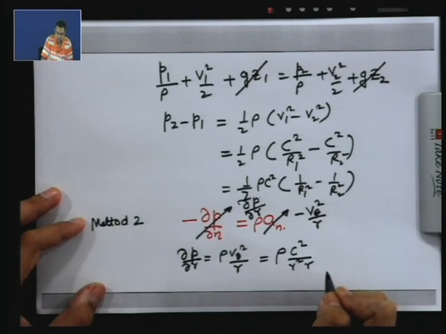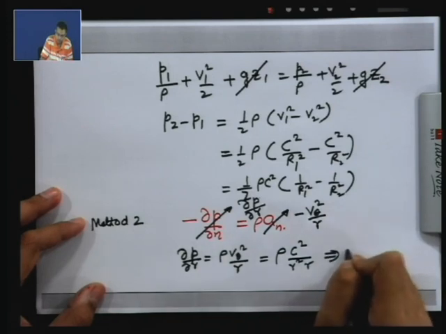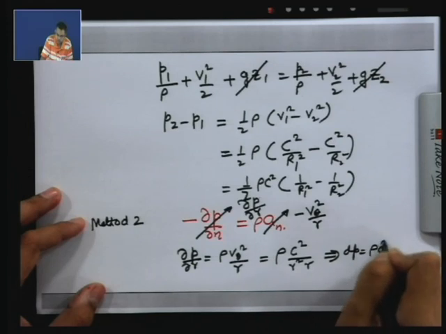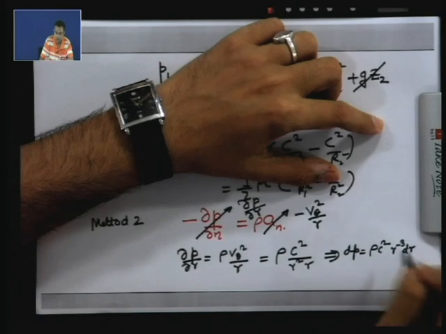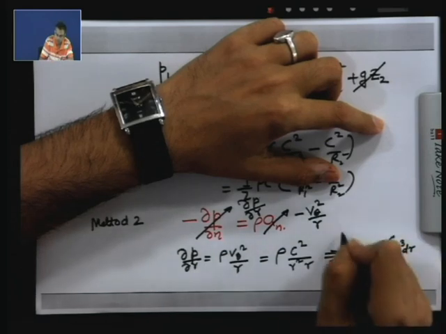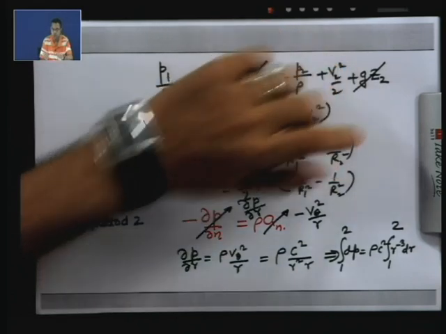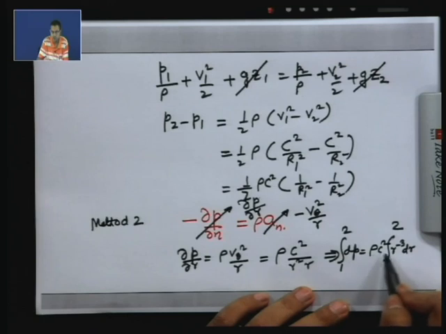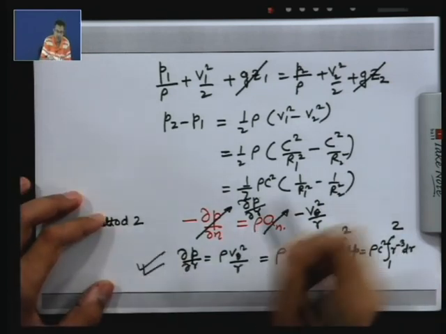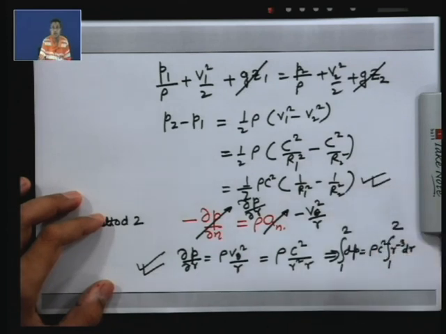So you have dP is equal to rho C square R to the power minus 3 dr. Integrating that, the pressure difference between points 1 and 2 is given by rho C square integral of R to the power minus 3 dr between the points 1 and 2, and you will see that this integral will give the same result as the previous one, which we derived by using the Bernoulli's equation.